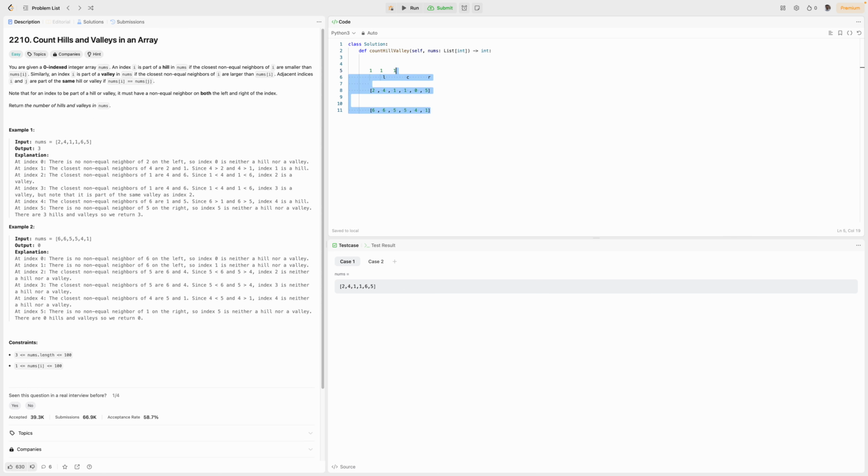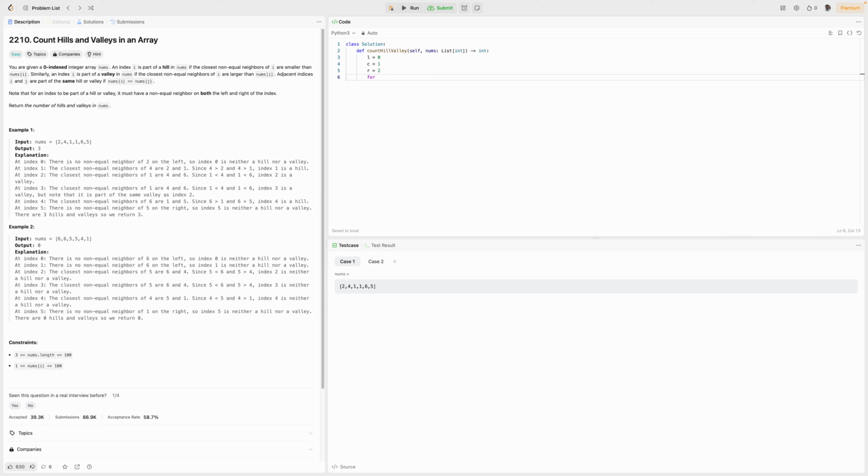Okay, so I think I got it. Left, L equal to 0, R equal to 1, C is equal to 1, and R is equal to 2.